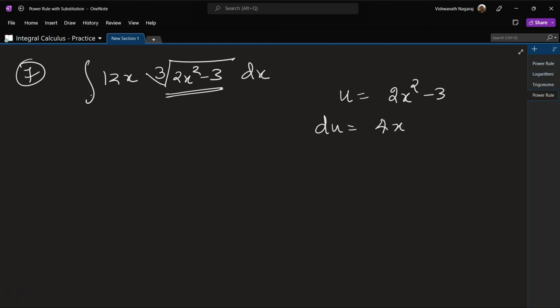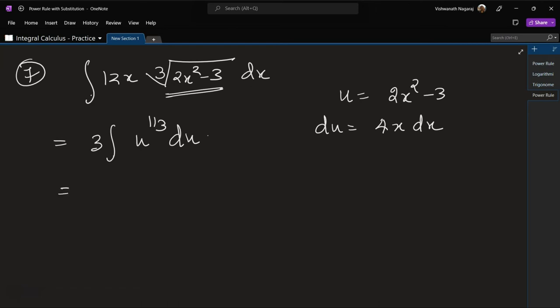Now, if this becomes 4x dx, then when we substitute it back, what do we get? Let's actually write it as u^(1/3) because it is cube root, times du. But here the 12, only 4 is there. So to make sure it comes out 12x, we take 3 out. So 4x dx is du, 4x times 3 is 12x.